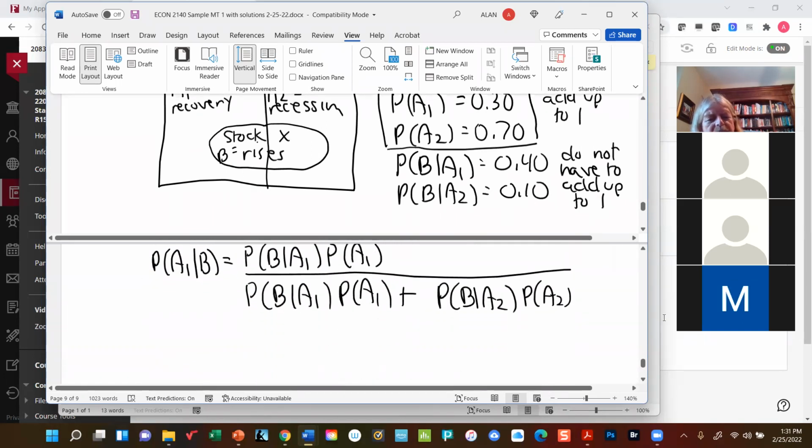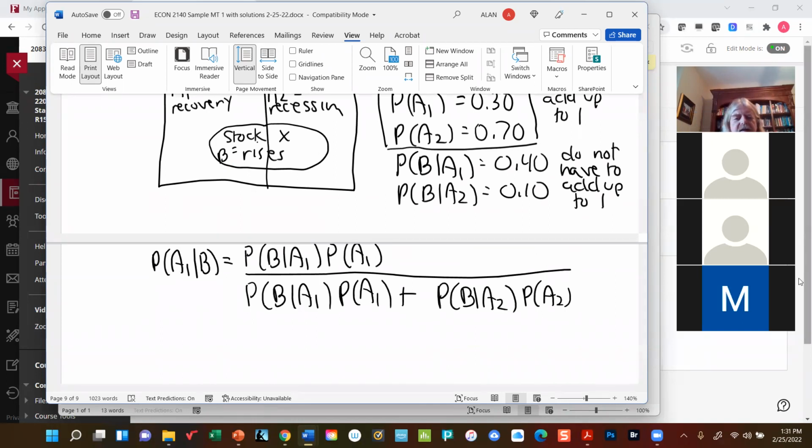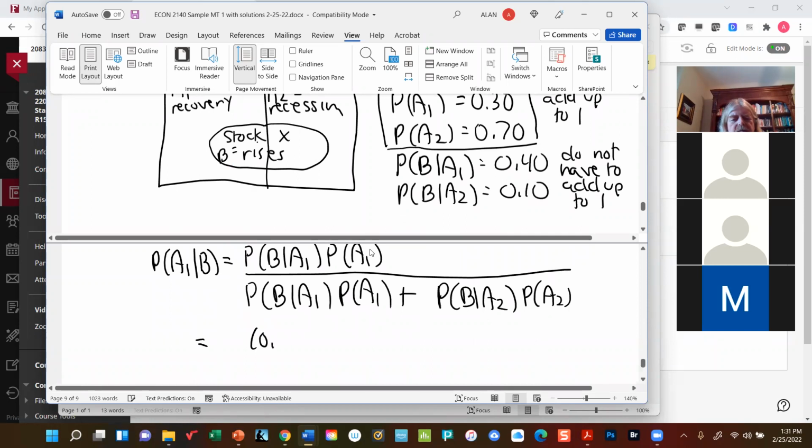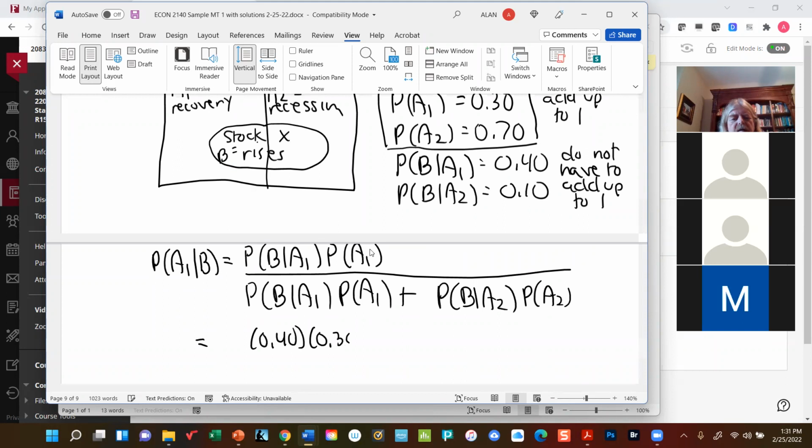We're going to have B given A1 is 0.40, A1 is 0.30. Then we have the same numbers, this time though, plus 0.10 times 0.70.